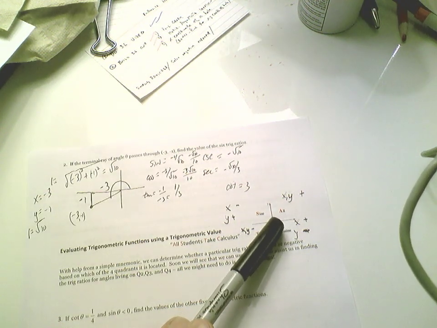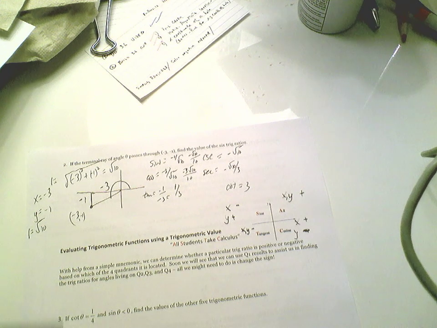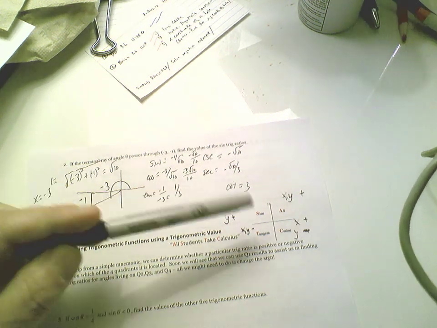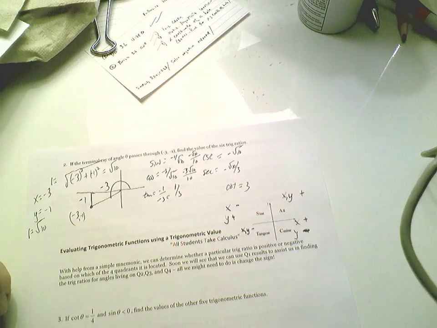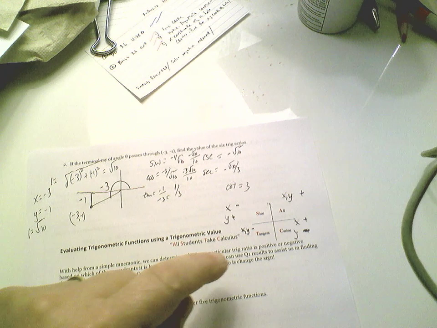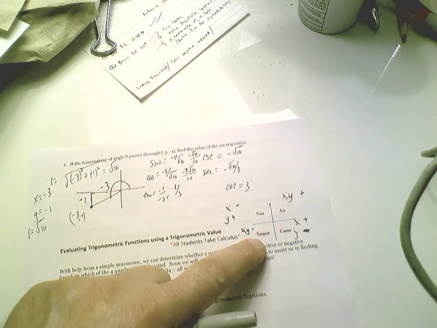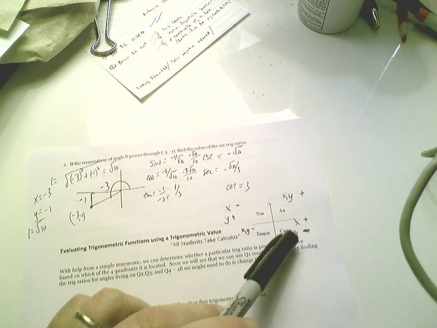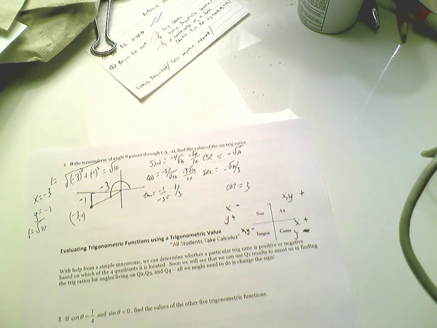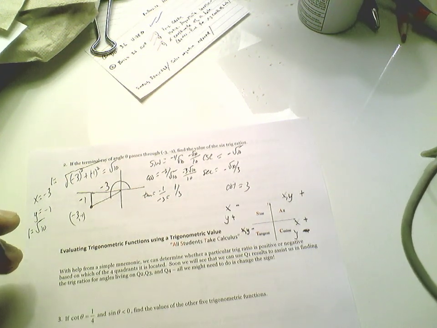That means all trig functions, sine, cosine, tangent, are always going to be positive. In quadrant 2, you just see an S. The sine function will be positive. Cosine and tangent will be negative. Quadrant 3, tangent will be positive, sine and cosine negative. Quadrant 4, cosine will be positive, tangent and sine shall be negative.